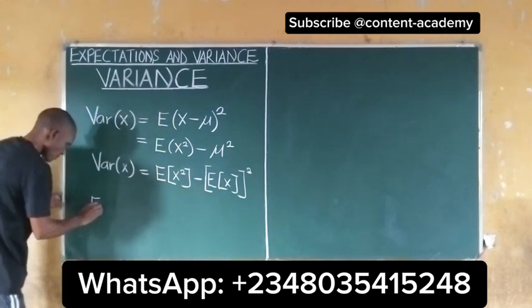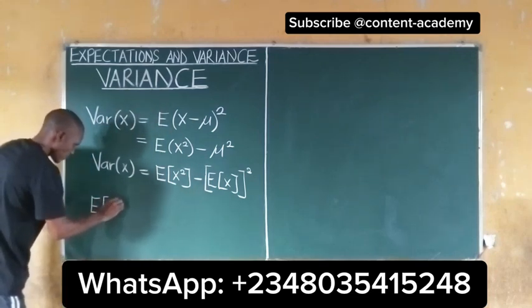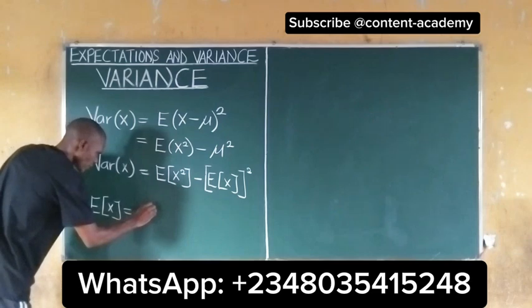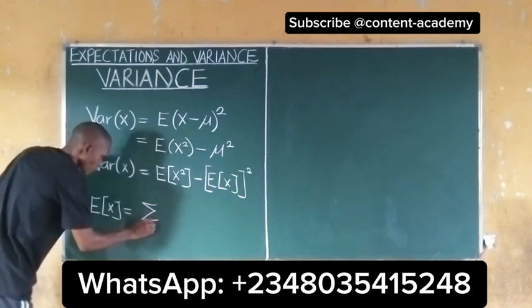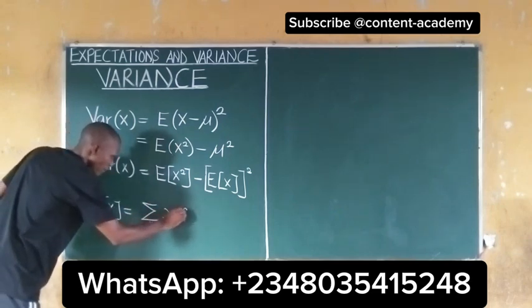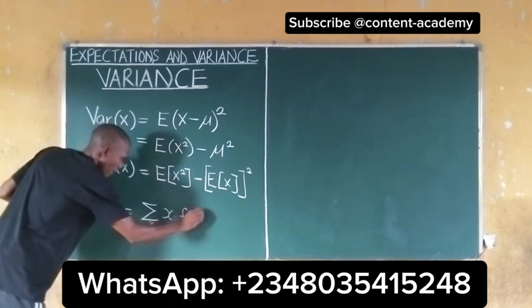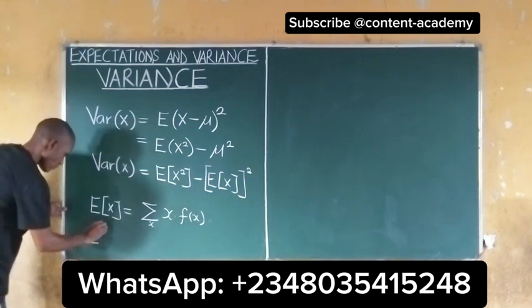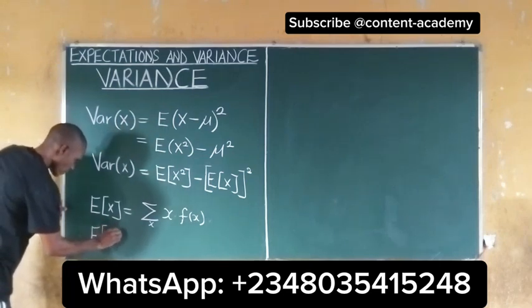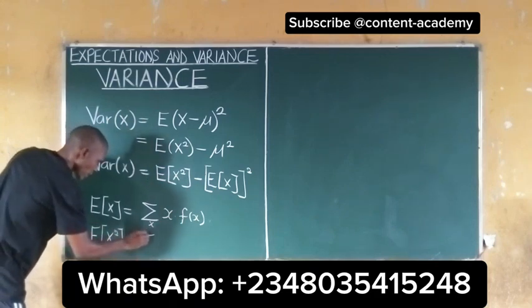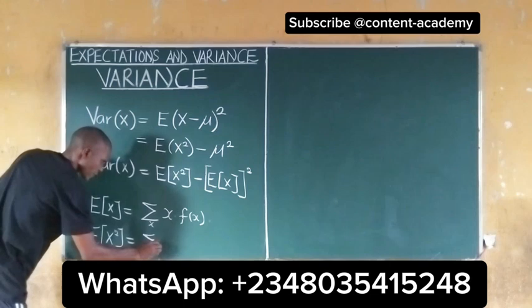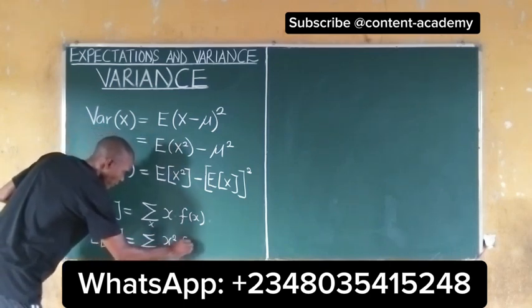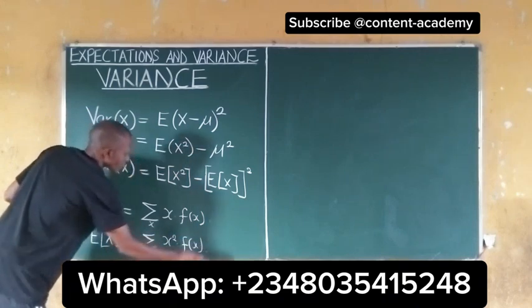The expected value of x can be computed using the summation of x multiplied by f of x, while the expected value of x squared can be computed as the summation of x squared multiplied by f of x.